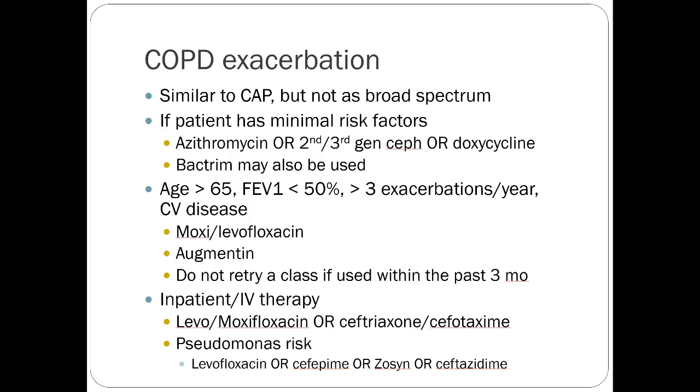So any one of those would be fine. Bactrim also has decent strep pneumo coverage and could be used. It doesn't cover atypical pathogens, though. Again, it doesn't totally make sense why we treat COPD exacerbations the way we do, but that's just the way it is. Think about it like a step-down CAP, and hopefully that makes some sense to you.